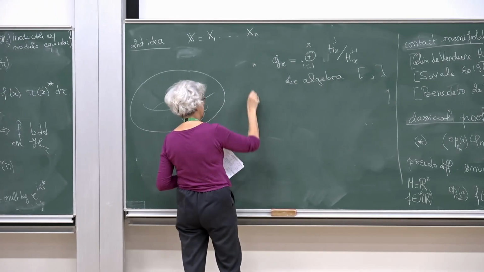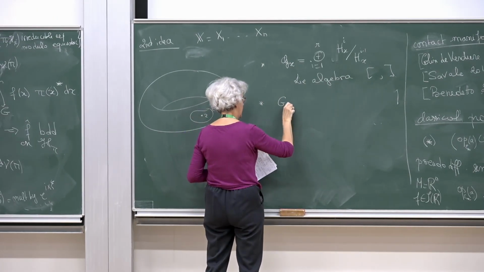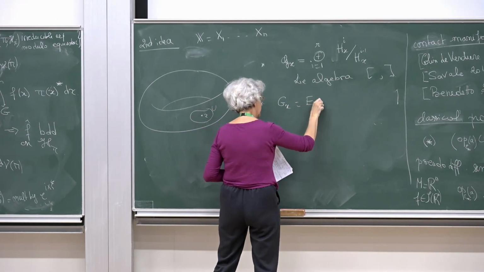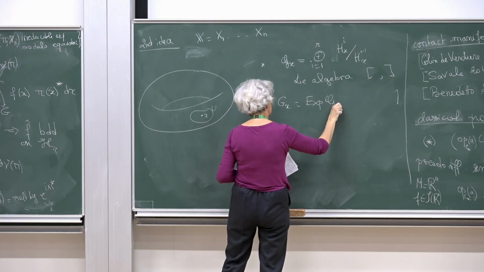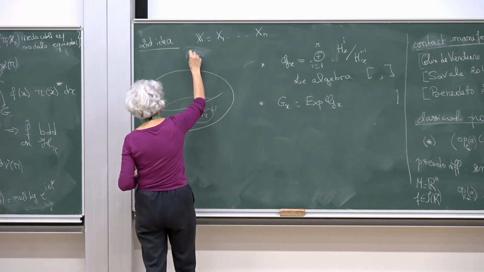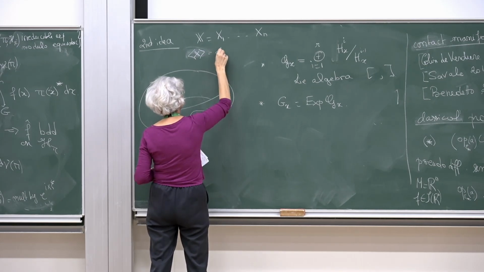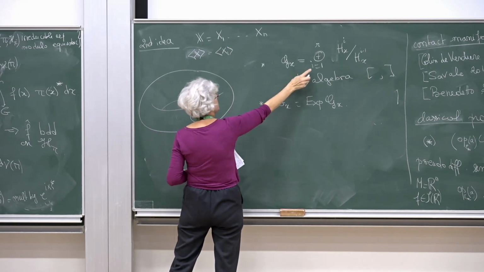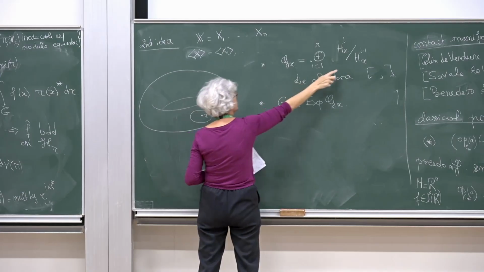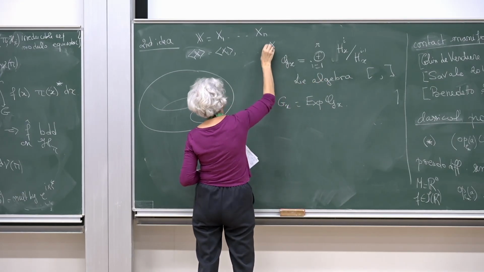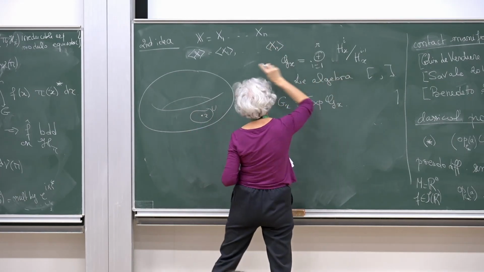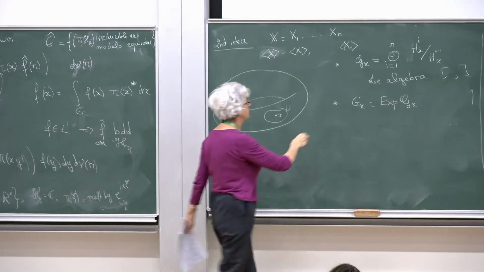Once I have the Lie algebra, I have a group by taking the exponential. And with a frame, I am associating a basis just by taking this vector class modulo this relation. I obtain the basis of my Lie algebra.